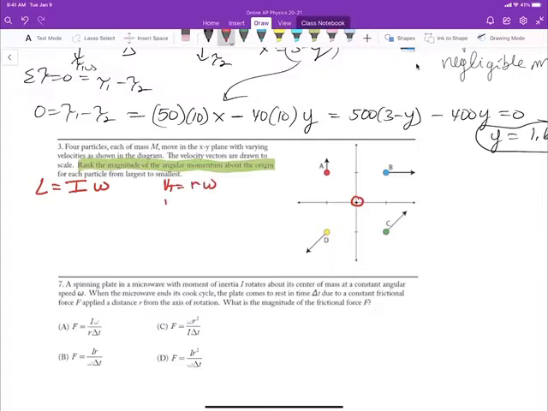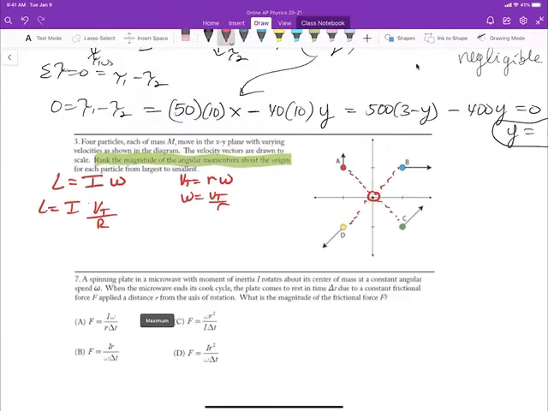So I can rearrange that for Vt over r, and I can say the angular momentum is equal to its moment of inertia times its tangential velocity over its radius. Each one of these has the same radius about that origin based on its location on that axis.